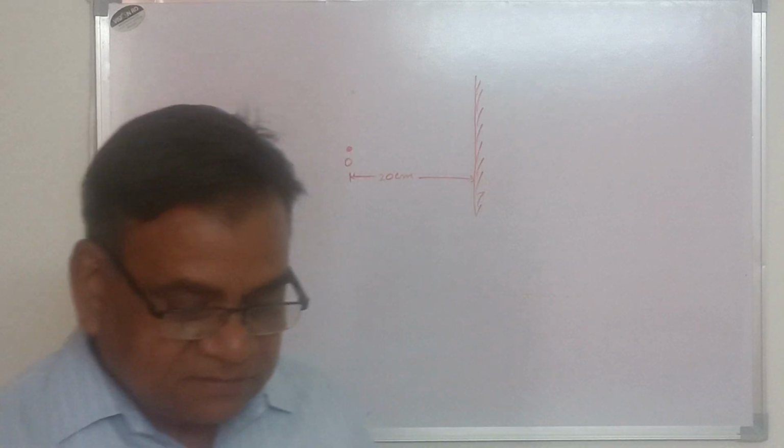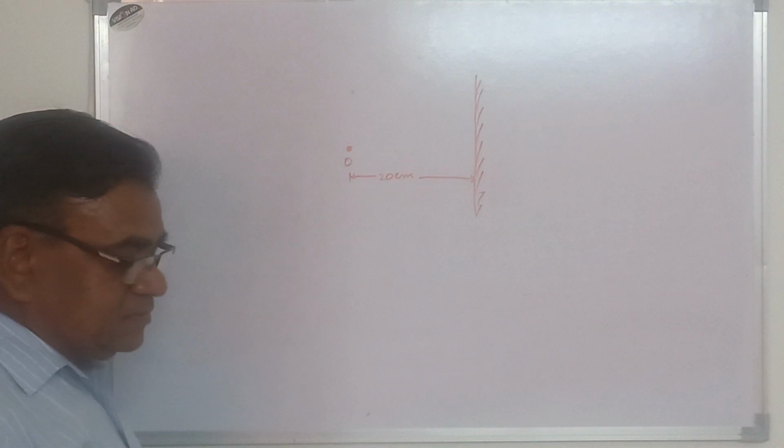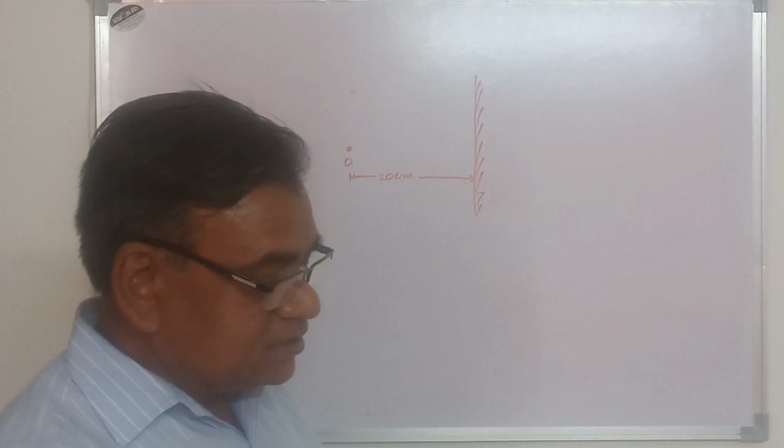Next thing saying the mirror is moved 2 centimeter towards the object. That is our question.